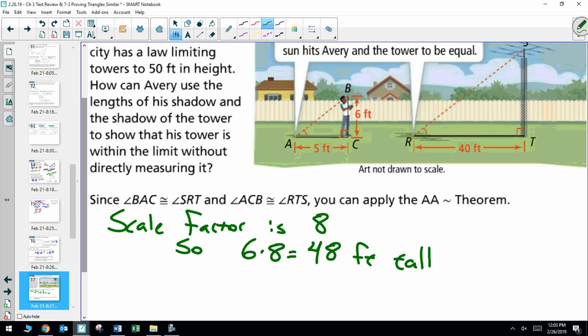Now, if you want to solve this just like the one we just did, setting it up as a math problem, I don't know what this side length is, but I know that this side compared to this side is the same as this side compared to this side.